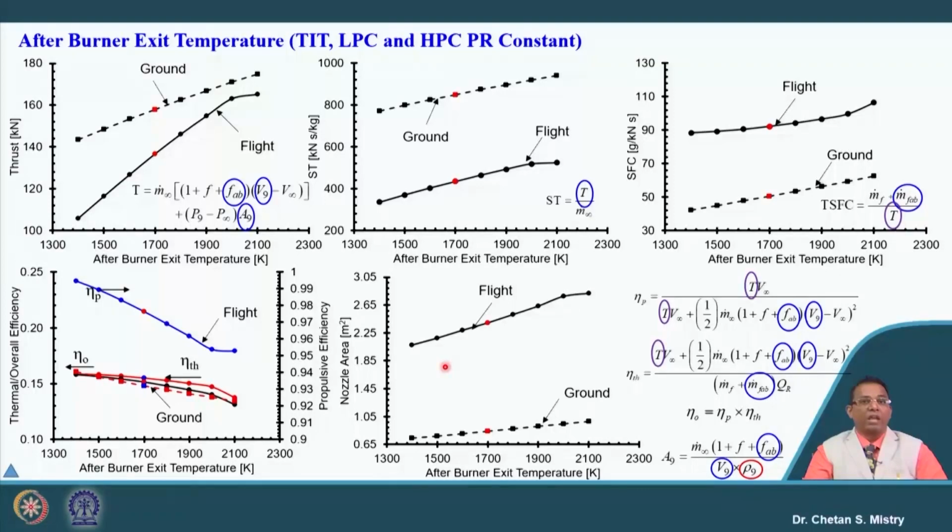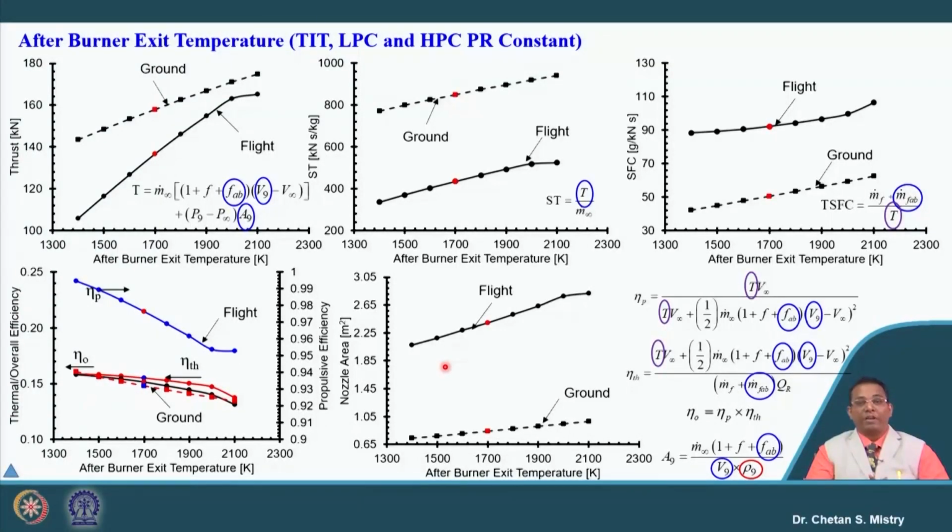But we have realized the effect of some of the parameters, mainly that an increase of overall pressure ratio has an inverse impact on the thrust generation. It says that increasing our overall pressure ratio is not favoring an increase of the thrust, but that is with a particular number for the turbine entry temperature.